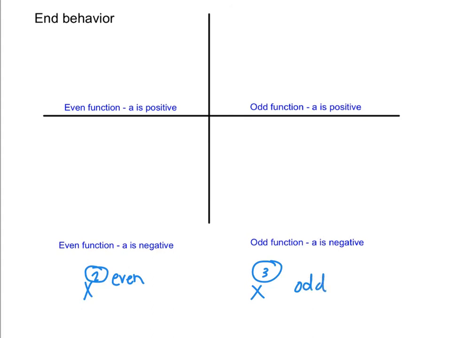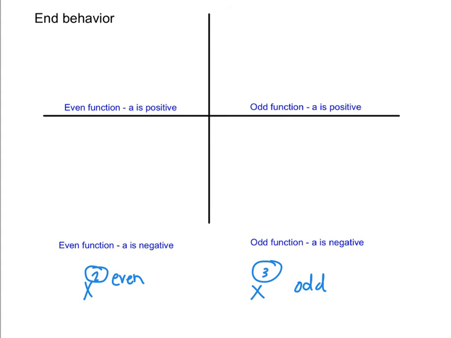Now this is not symmetry necessarily. Remember that most polynomial functions are neither even nor odd symmetry. But the power itself, 2, 4, 6, 8, is an even power, and 3, 5, 7, 9, and 1 is an odd power, and that speaks to its end behavior.